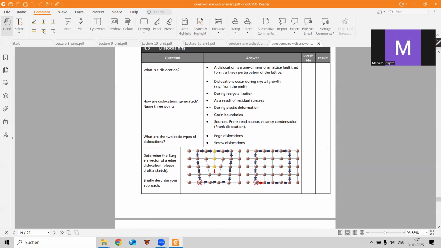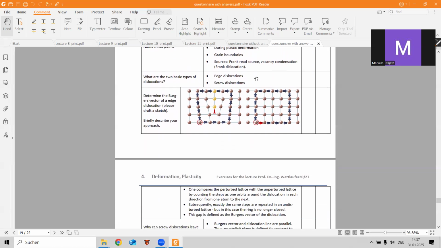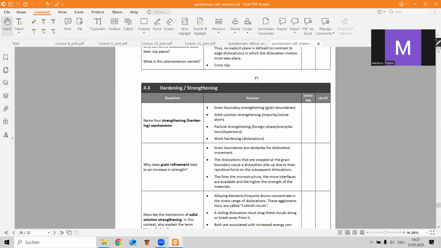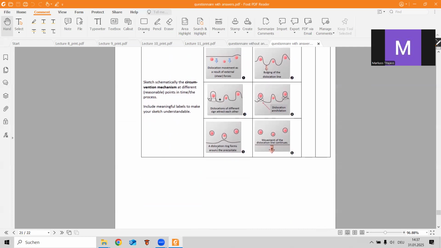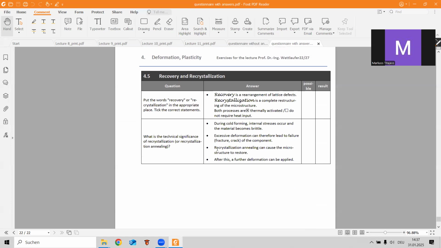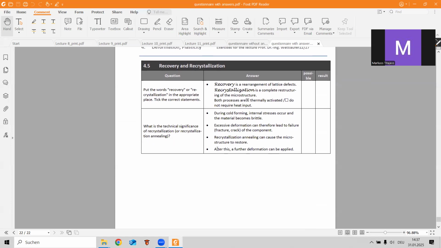So that forms a linear perturbation of the lattice. Shear mechanism. Recovery and recrystallization, completing reconstruction.